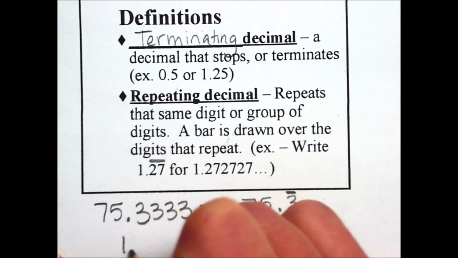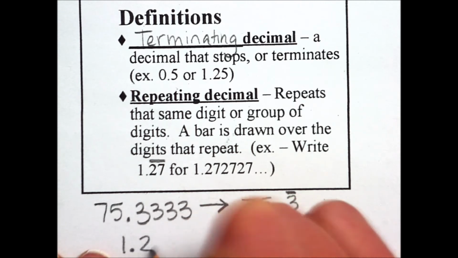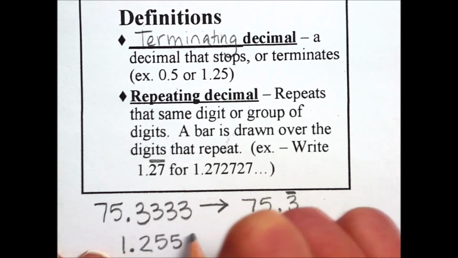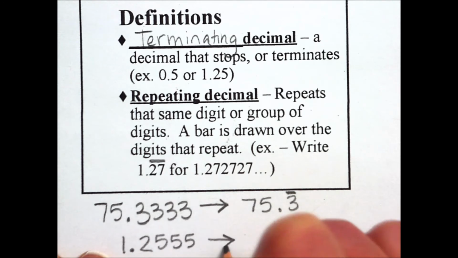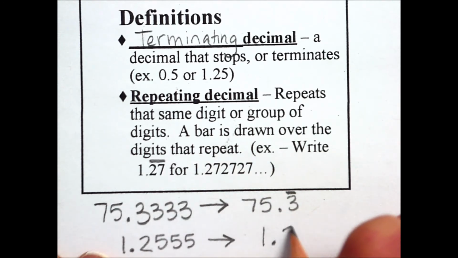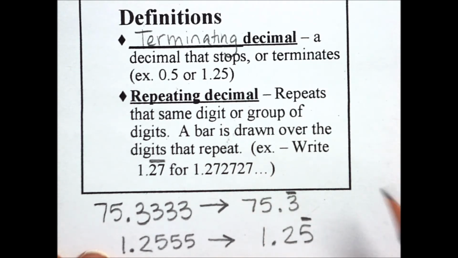Or let's say I have 1 and 2, but then the 5's repeat. I'll write this with the 1 decimal 2, just do 1 5 and put a bar over only 1 5 because that's the only thing that's repeating.